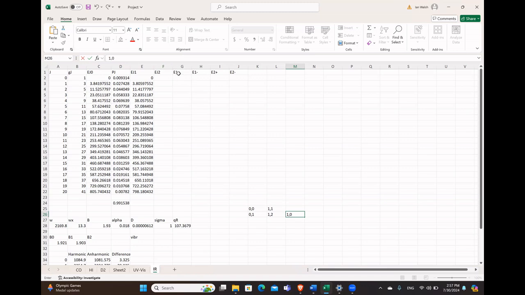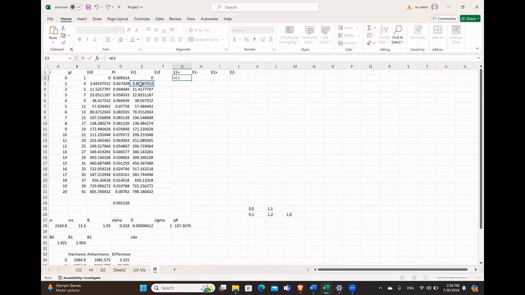So here I have this E1 plus, and that's meant to be the ones that go from one energy to a higher energy. So for example, if we start in the ground rotational state, we will excite to the state 1 above it. And so to calculate that, what I'm going to do is simply take the excited state energy, right?